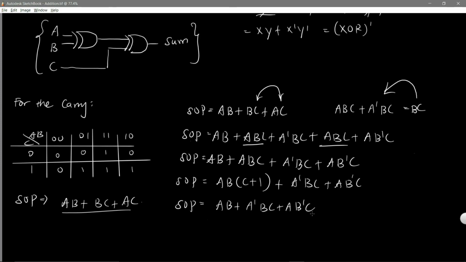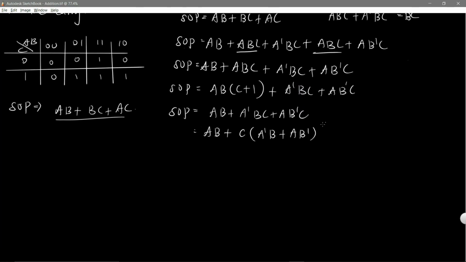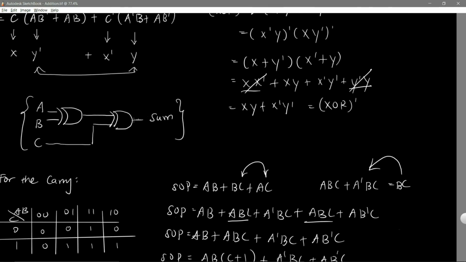And what is this? You can factorize the C out. And you will see a similar pattern again, the XOR logic. So what this is, is in fact A and B going through an AND gate, and a C, and we have A and B going through an exclusive OR gate, which we can take from this sum here.